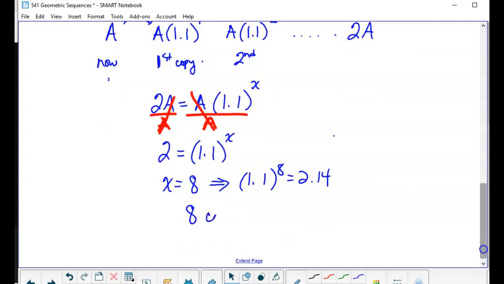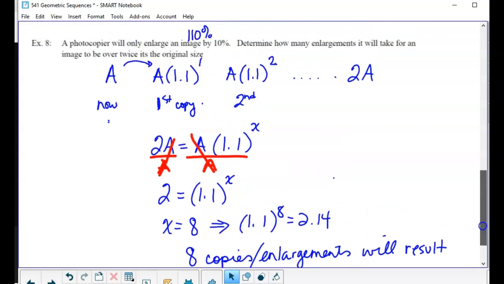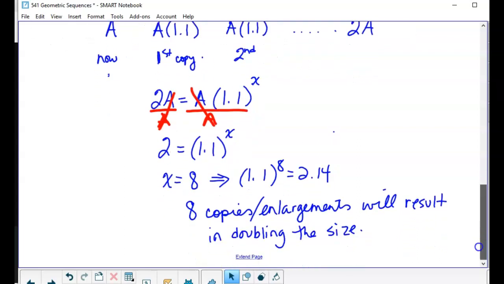So 8 copies, enlargements, will result in double the size. Okay. So that's it.